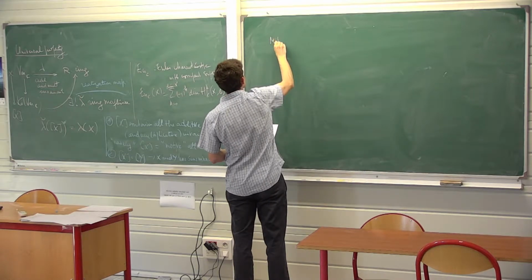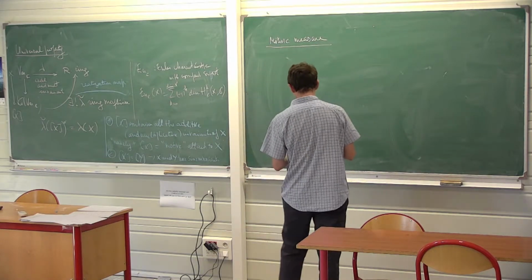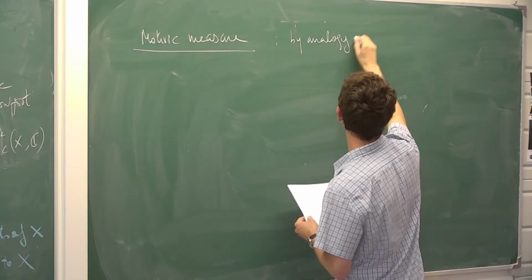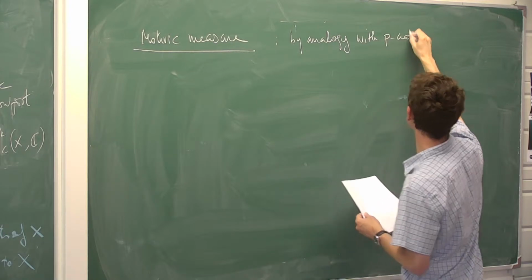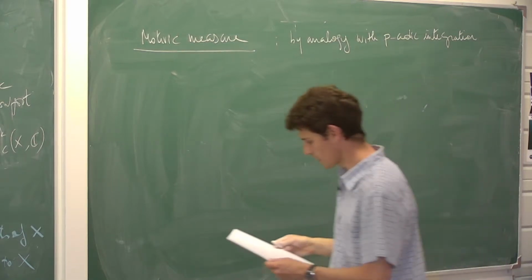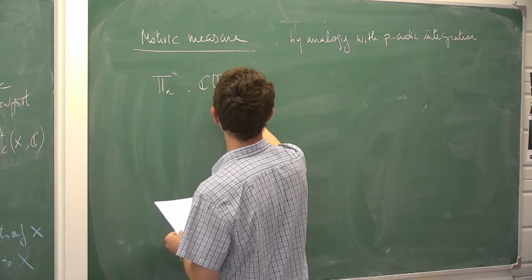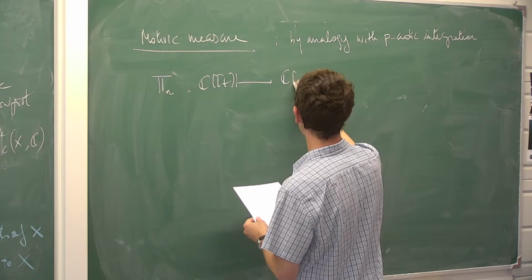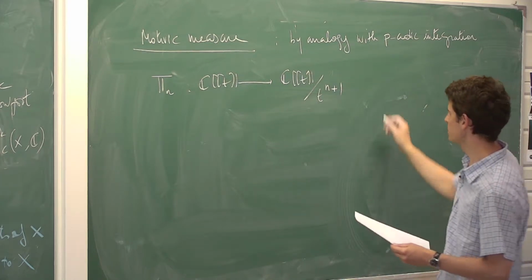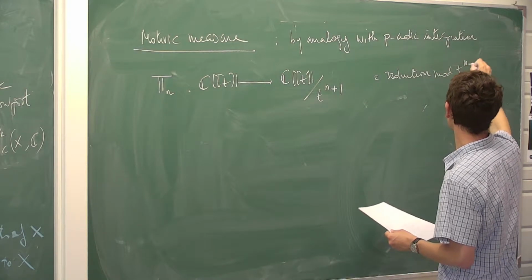So the motivic measure. This is by analogy with p-adic integration. Okay, so as before, I denote by Pn the truncation modulo T^(n+1). So it is reduction modulo T^(n+1).